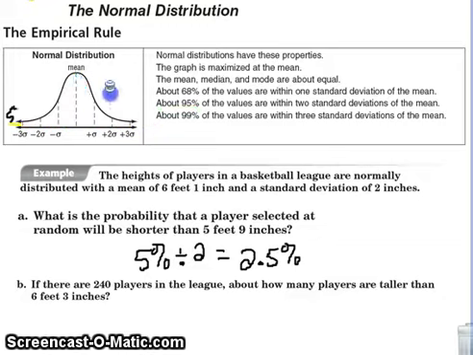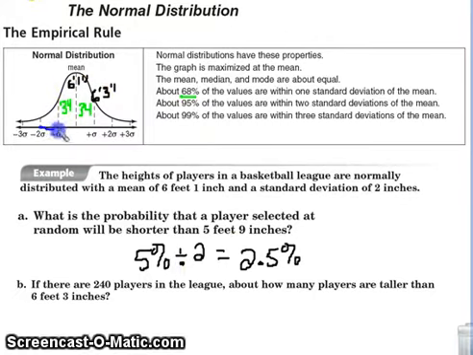Let's look at the next question. If there are 240 players in the league, about how many players are taller than 6'3"? Well, we started at 6'1", and then we went 1 standard deviation to find 6'3". Now, if you think about your normal distribution, this is 68% right here, but half and half is going to be 34 and 34.